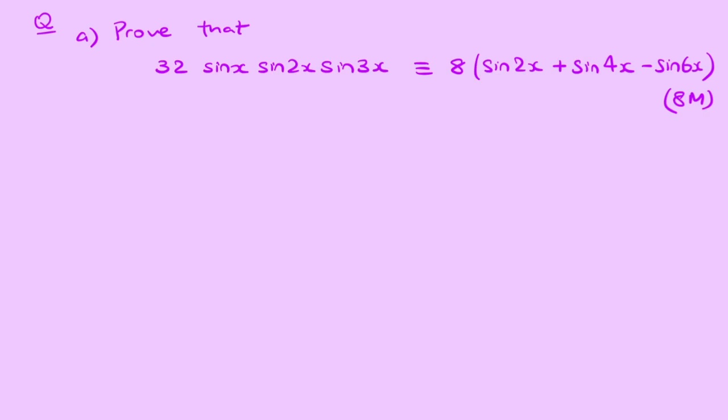So let's get cracking with the first part of this question, where we have to prove that 32 sin x sin 2x sin 3x is equivalent to 8 times (sin 2x + sin 4x − sin 6x). I'm going to start off with the left-hand side. As always, I do prefer to start with the left-hand side.